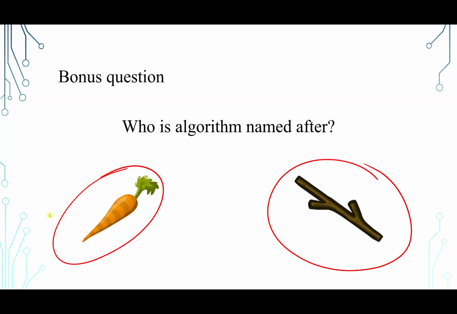You can pause the video and look for it, then you come back to see if your answer is correct. Assuming you paused the video, you looked, and then you came back, the algorithm, the carrot and stick, is named after the philosopher Jeremy Bentham.